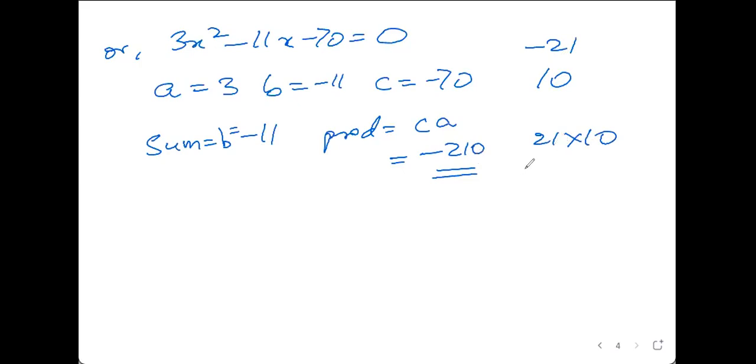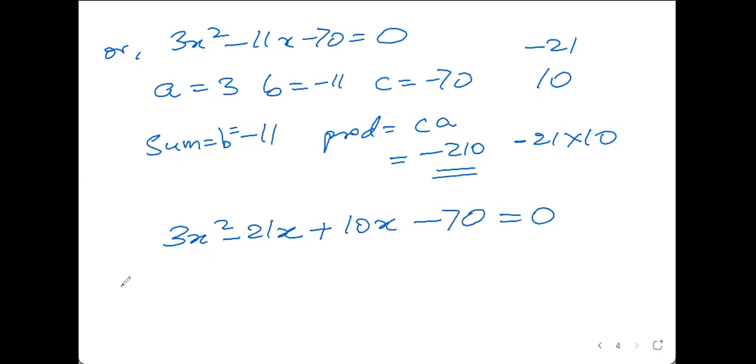If you start from here, you have to get 11. So 21 minus 10 is 11. And you can get minus 11 if you just make it minus. So the equation can be 3x square minus 21x plus 10x minus 70 equals 0.